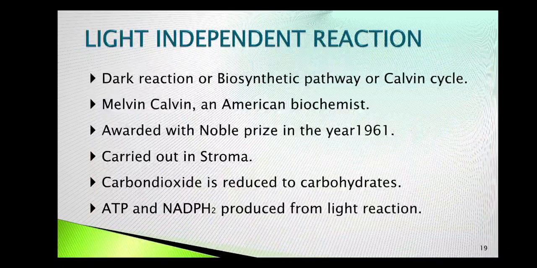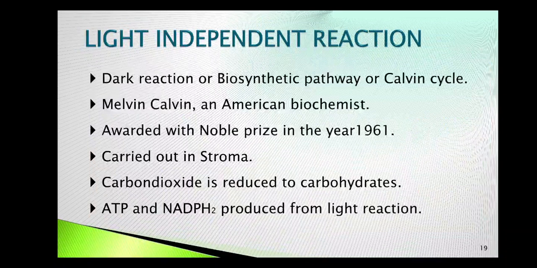That means this takes place in the absence of sunlight, and it is also called the biosynthetic pathway or Calvin cycle, because this reaction was first discovered by an American biochemist called Melvin Calvin. This reaction was named after him as the Calvin cycle, and for this work he got the Nobel Prize in the year 1961.